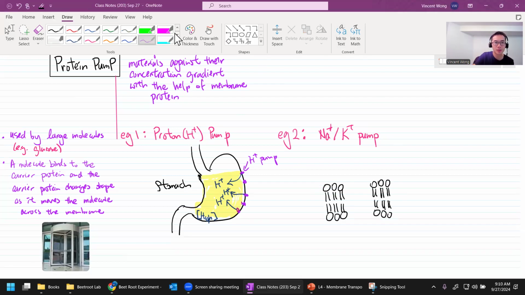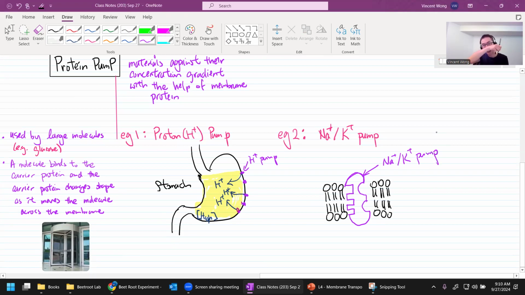Okay, now this next one might be a little bit tricky to draw, but basically I'm gonna have three square slots on one side, and I'm gonna have two like semicircle slot on the other side, okay? So this purple thing here, this is called the sodium potassium pump. And as the name implies, you'll be pumping sodium and potassium.